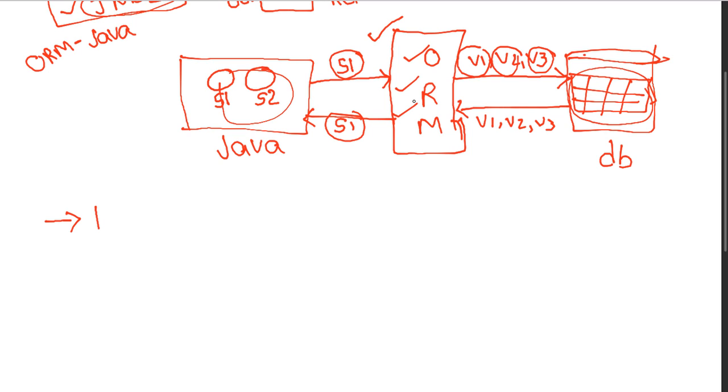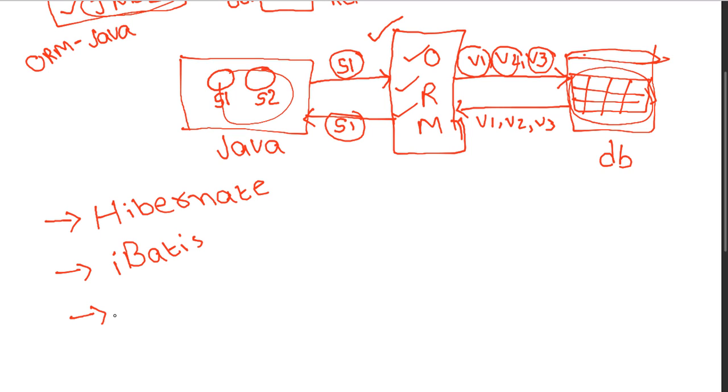So what are the ORM tools available in the market? The first famous ORM tool available in the market is Hibernate. Hibernate is the most famous tool. The next famous tool is iBatis. It is also one of the ORM tools.